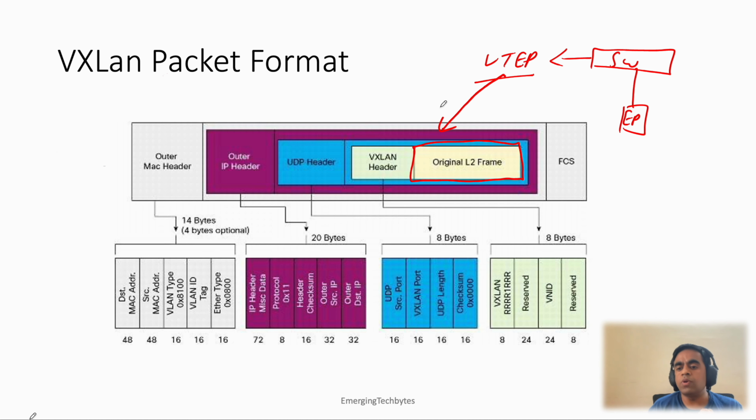Now, what are the fields in that? The first thing that comes here is this VXLAN header, and if we open this VXLAN header, you will see most of the bits are reserved here.